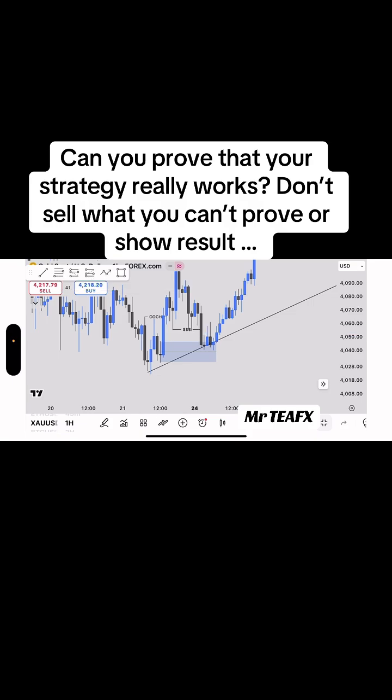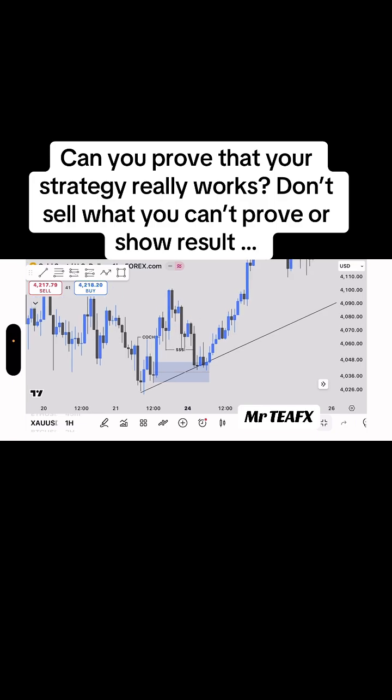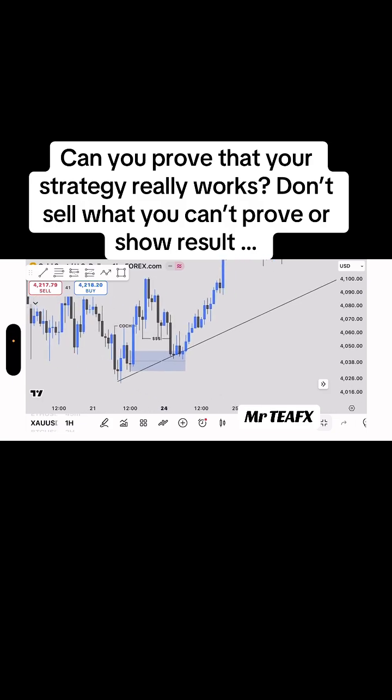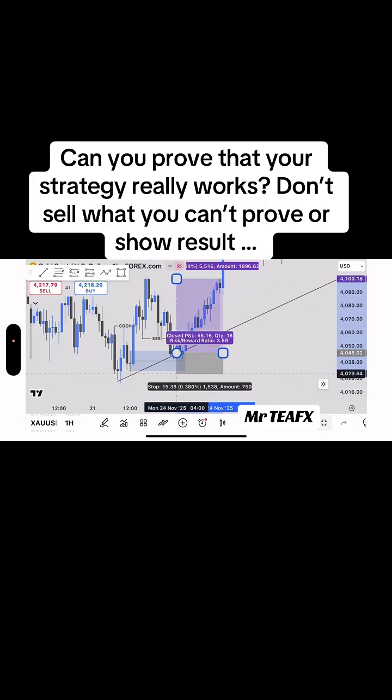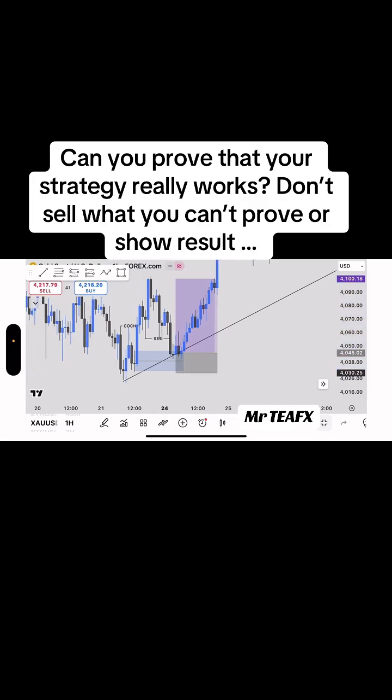Now you see a sweep of liquidity, and immediately the market swept the liquidity, it started buying. This is more like back testing. Try to use this weekend to back test. Now if you are following my trades, you will notice that most of these moves I cut them.